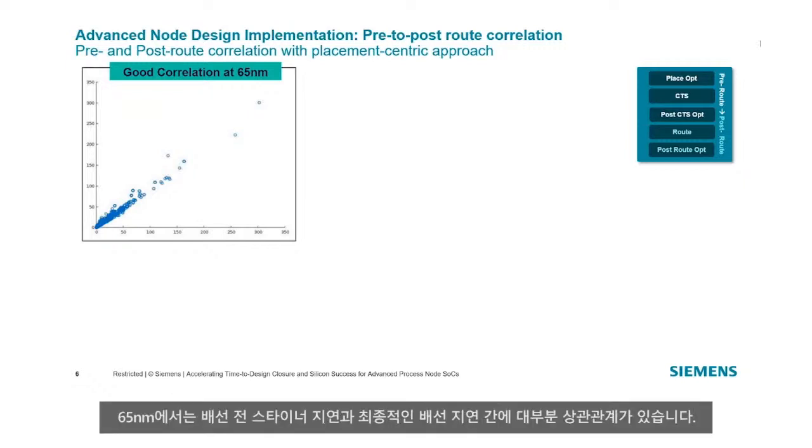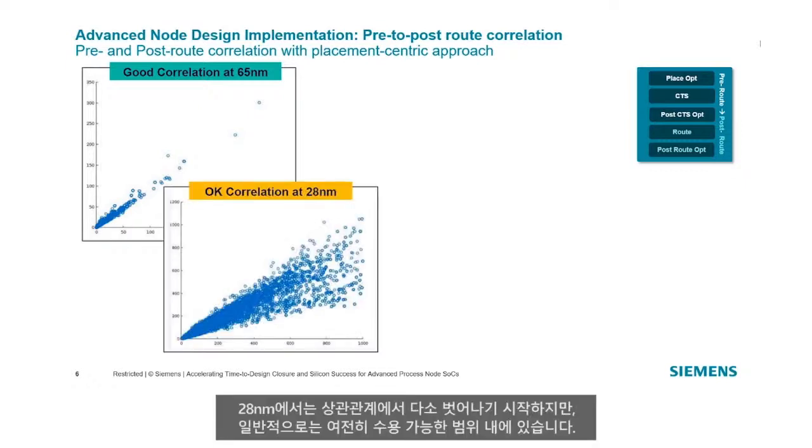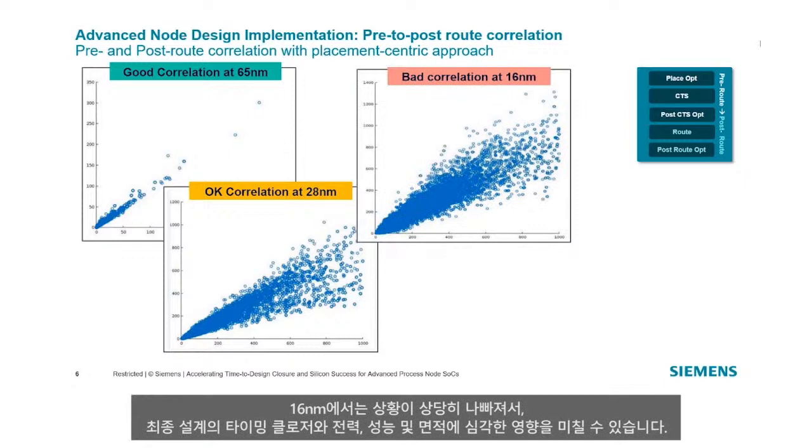At 65 nanometer, the pre-route Steiner delays versus final routed delays are mostly correlated. At 28 nanometers, the correlation starts to diverge a bit, but is still generally acceptable. And at 16 nanometers, it gets quite bad and can severely impact timing closure and power performance in the area of the final design.